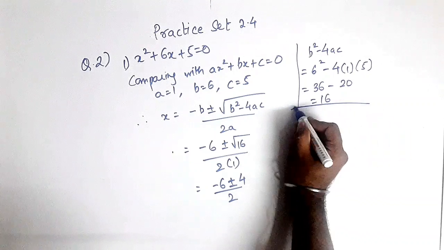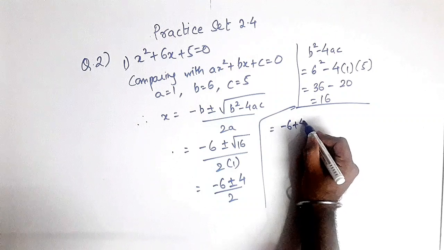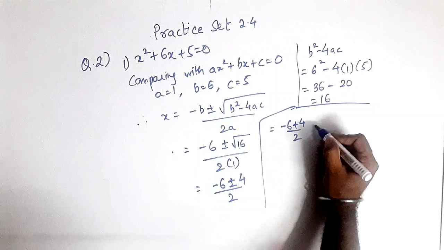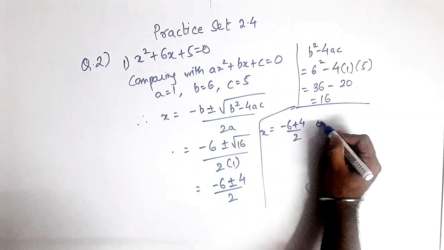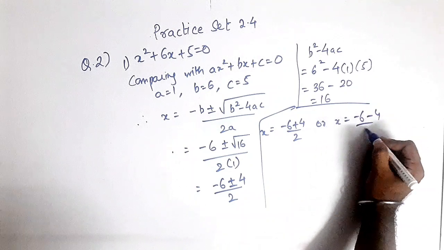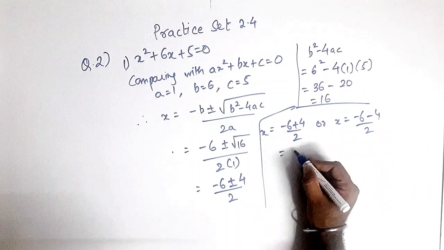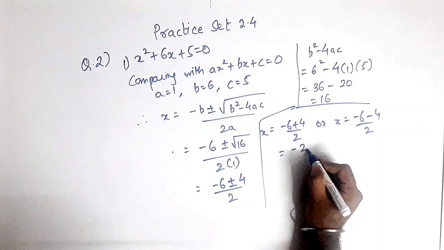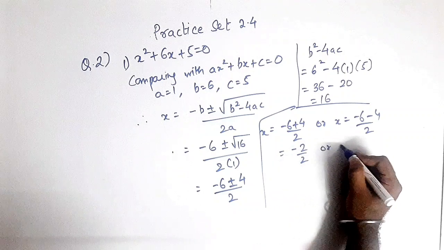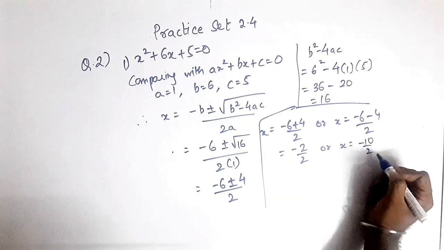Now this becomes minus 6 plus 4 upon 2, or x is equal to minus 6 minus 4 upon 2. There will be two values, of course. Minus 6 plus 4 is how much? It is minus 2 by 2, or x is equal to, this will be minus 10 upon 2.